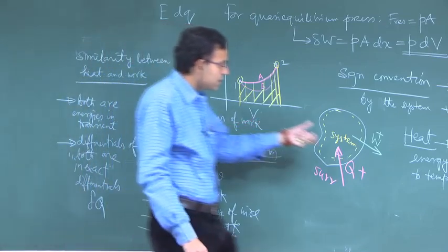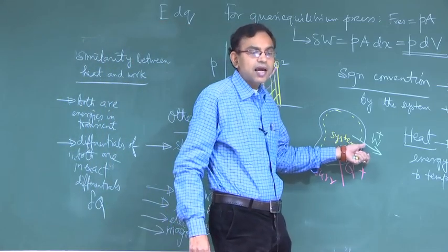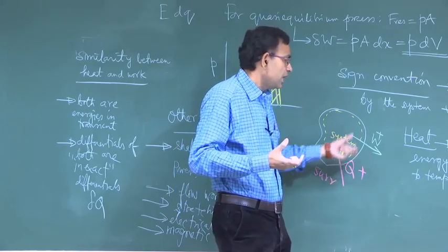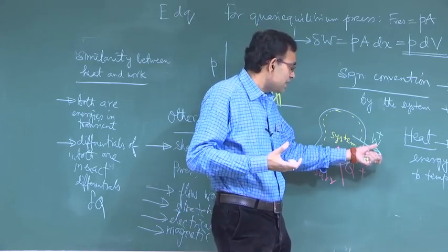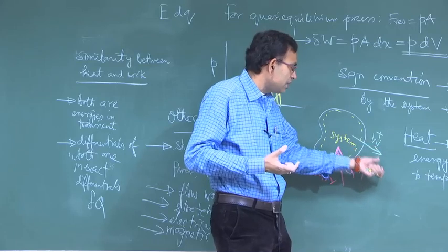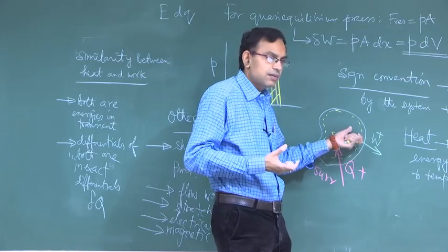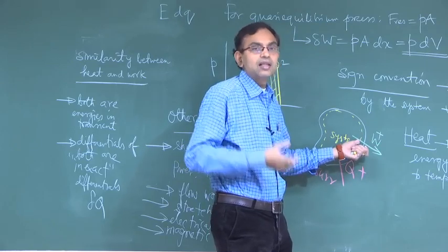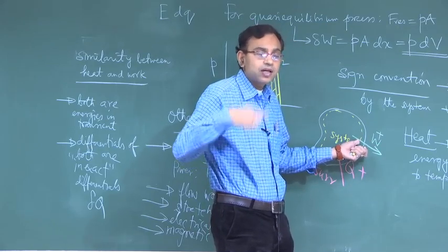The sign convention is opposite, but there is nothing sacrosanct about it. It is our way of taking the sign convention. If somebody takes the sign convention such that energy flowing in is positive work, that also is okay, there is nothing wrong with it.